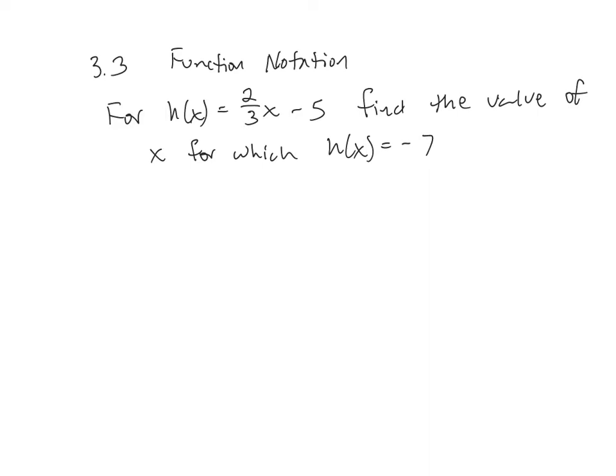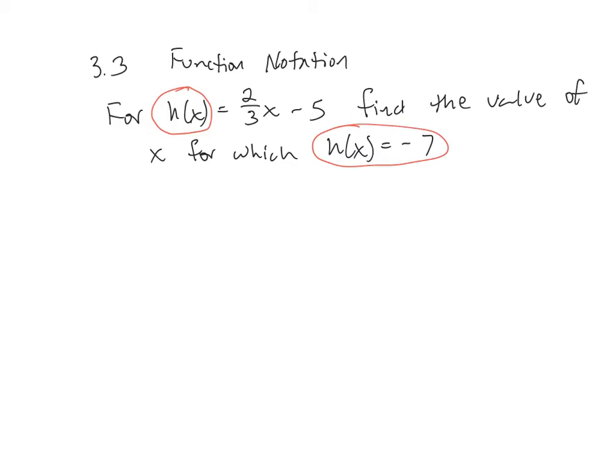Excuse me. So basically what this is saying is it wants to know what number do you plug in, and then you do the problem, but the answer is -7. So if you look at, like, we have an h of x right here, and then it tells us, well, h of x equals -7.